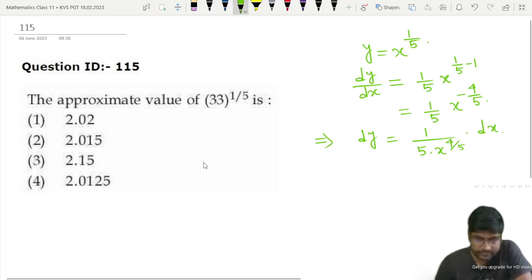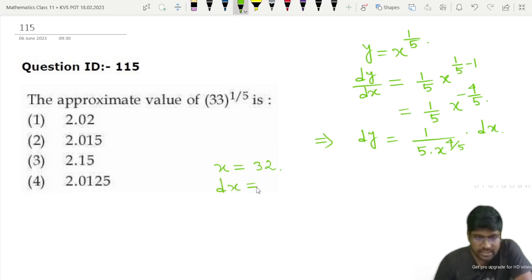Now let us take x is equal to 32 and dx is equal to 1. That means the increment in x is equal to 1. So then what will be the corresponding increment in y?